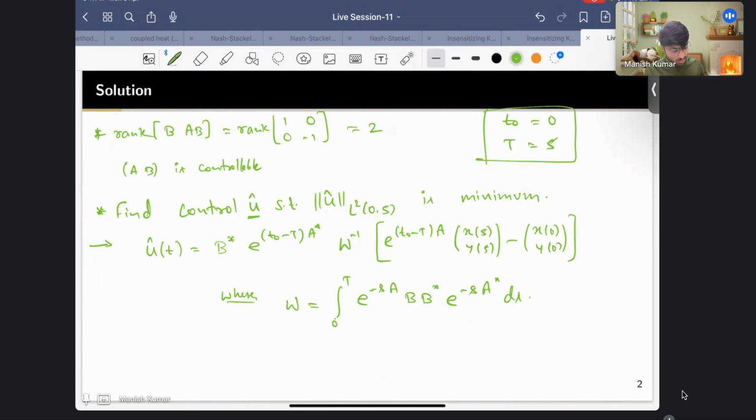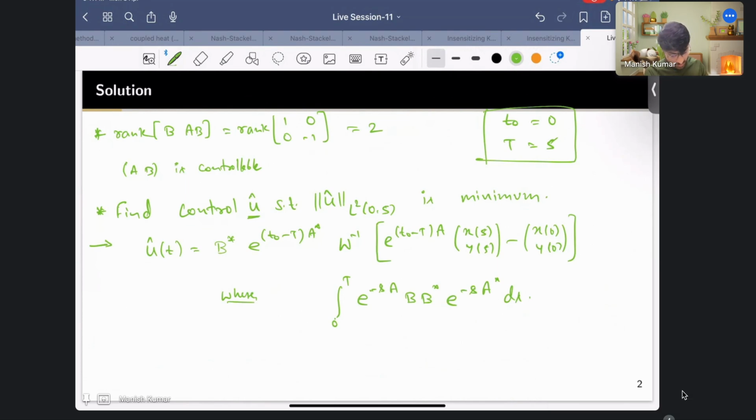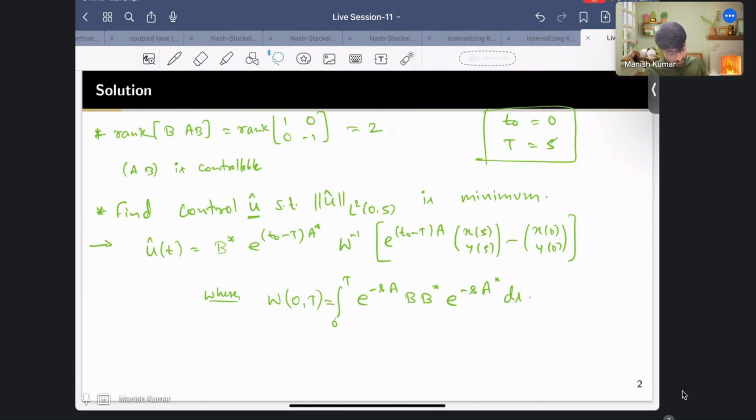This was the controllability Gramian matrix, W of 0 comma T. Over here we know that this rank is 2, so this Gramian matrix is invertible, and so the control would be given by this.